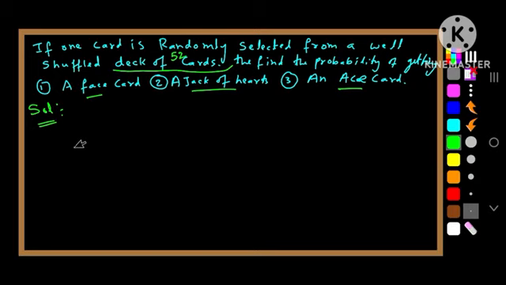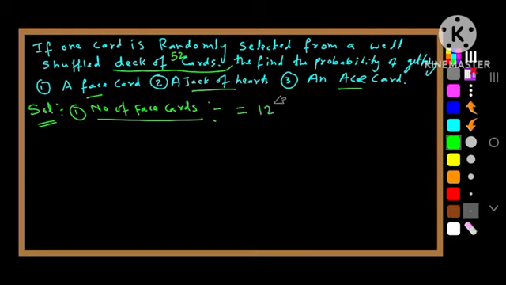That is, the total number of cards is always 52. So the first situation is the number of face cards. When you see the number of face cards, you can see that the number of face cards available in a deck of 52 cards is 12.